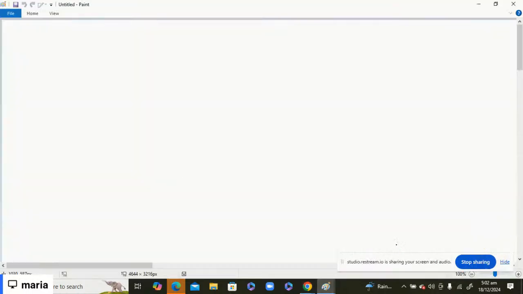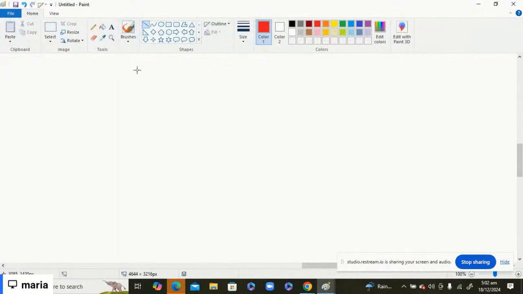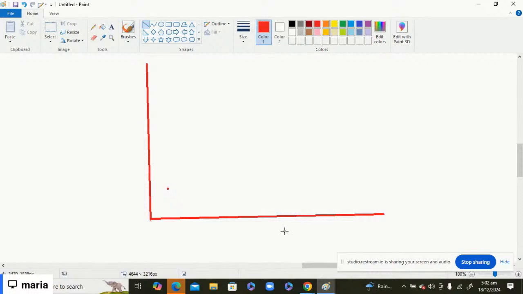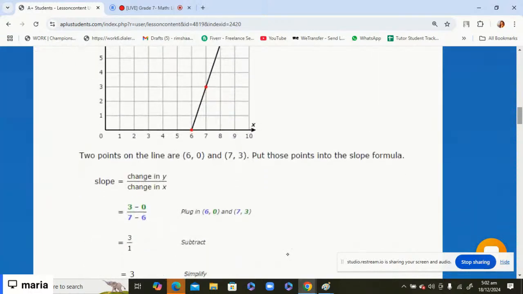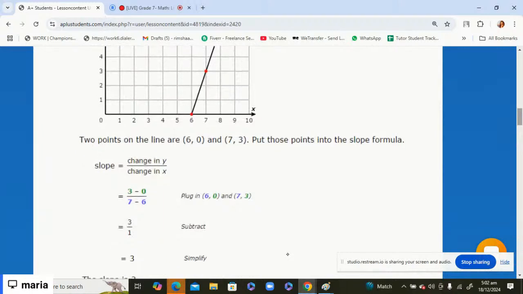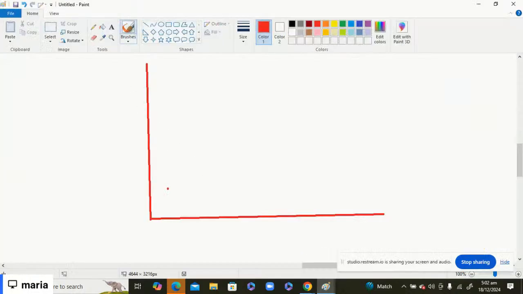So let's suppose I'm going to draw a graph here. Let's suppose here is the 0.